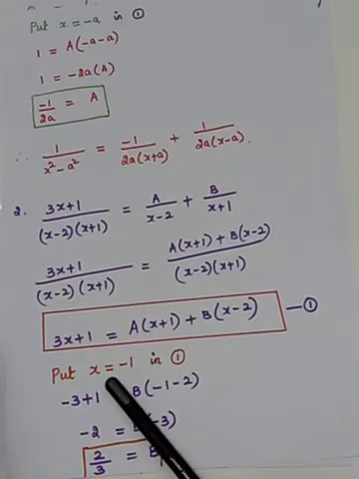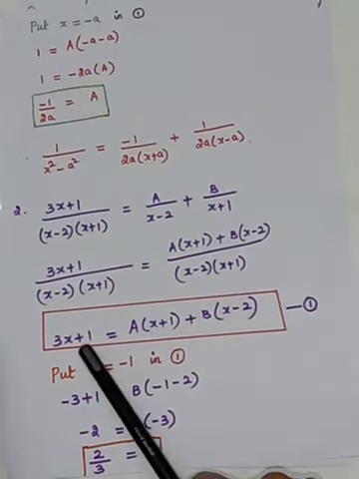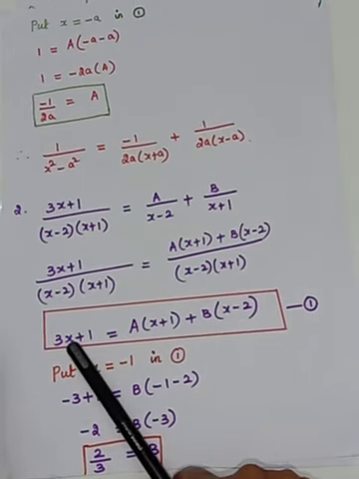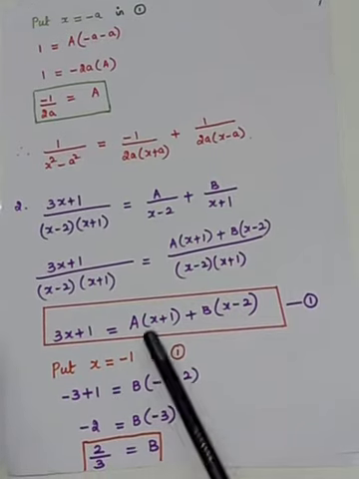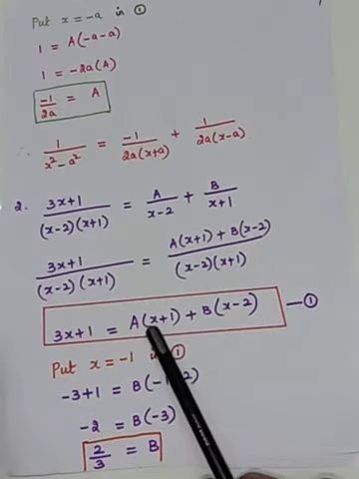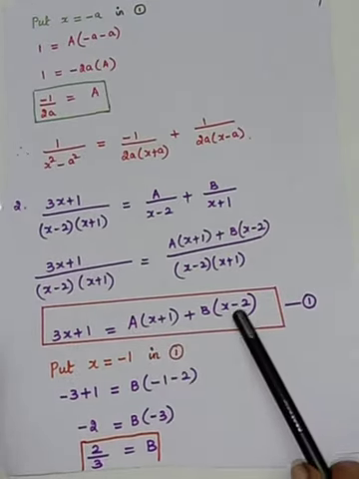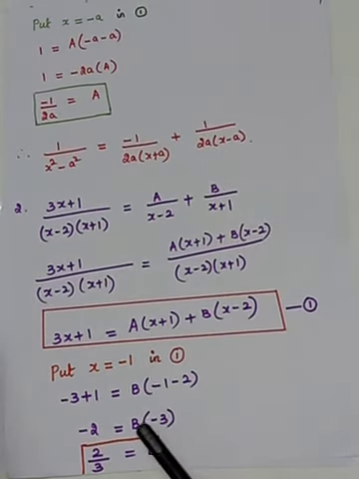Okay, so what's the first step? x is equal to minus 1. See the left side, here you are having x term. So in the place of x, you have to substitute minus 1. So minus 3 plus 1 is equal to, come to here. So when you substitute x is equal to minus 1, this term will become 0. So here, what is minus 1 minus 2? That is minus 3 into b.